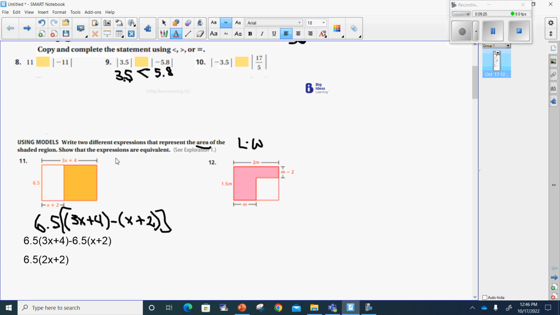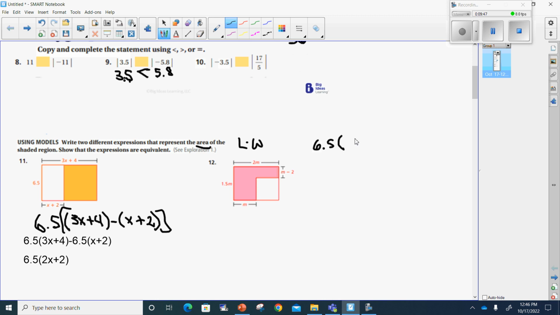Now it says show that the expressions are equivalent. All right, well, let's go ahead and do this over here. The first one, remember I have to do parentheses first. So I'm going to take my 3x plus 4 minus my x plus 2.